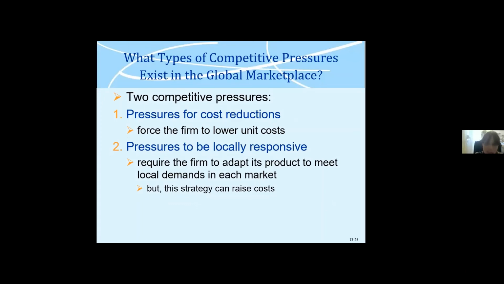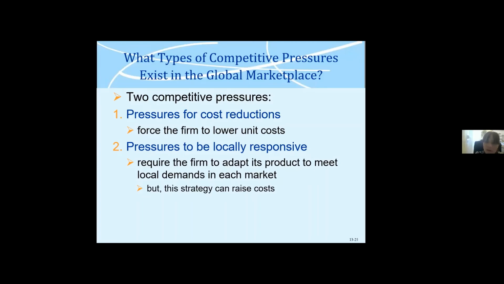Responding to pressures for cost reduction requires that a specific firm try to minimize its unit costs. But responding to pressures to be locally responsive requires that the firm differentiate its product offering and its marketing strategy from country to country, in an effort to accommodate the diverse demands arising from national differences in customer tastes and preferences, distribution channels, competitive conditions, government policies, and so on.